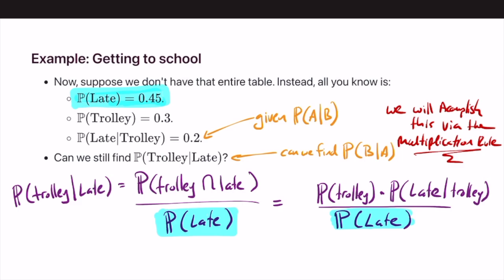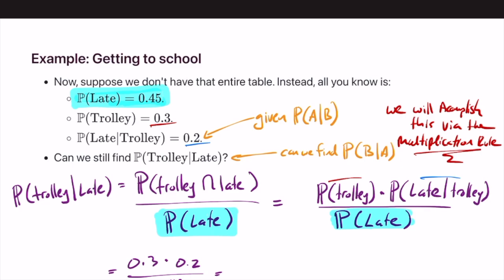So we already have this, and we already have this. So we can just rewrite this now as 0.3, the probability of taking the trolley, times the probability of being late given that you took the trolley, over the probability of being late, which is one of our givens, 0.45.